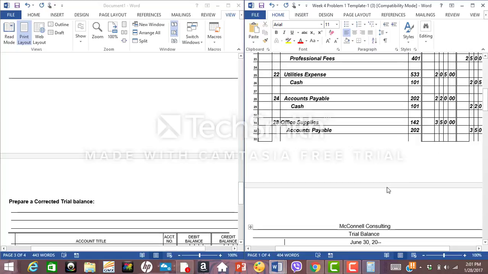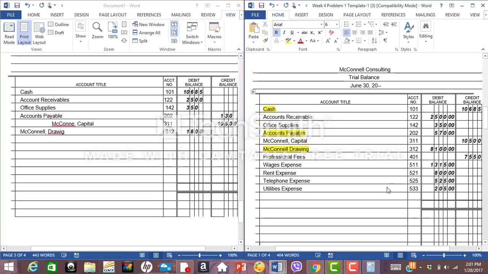So 7,550 should have been the balance, and that is the balance. Okay, great. So we have professional fees. It is 401. 7,550.